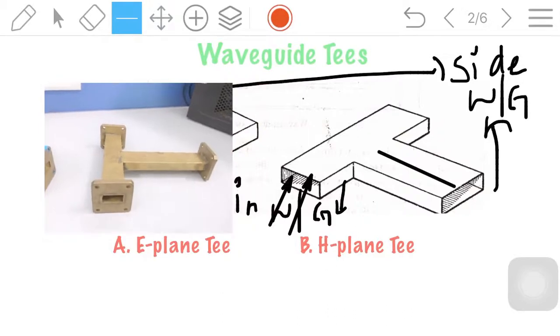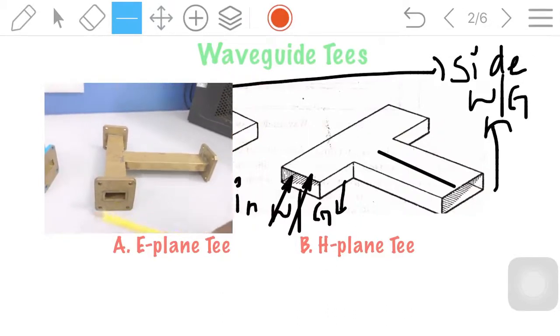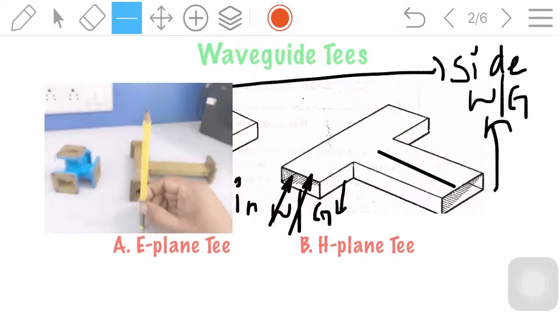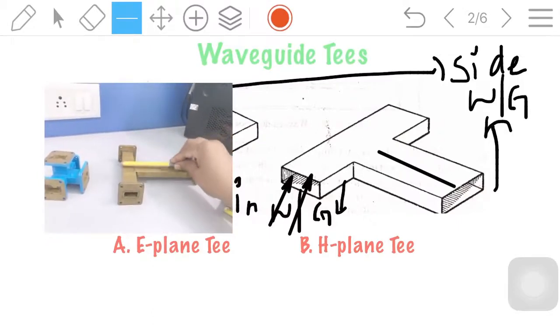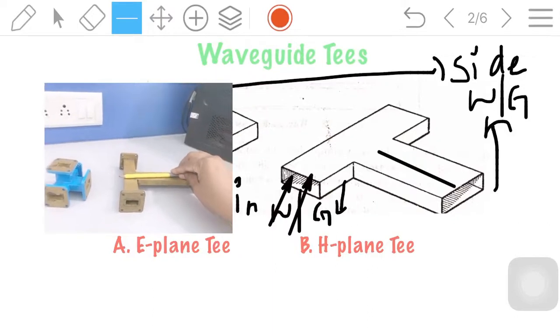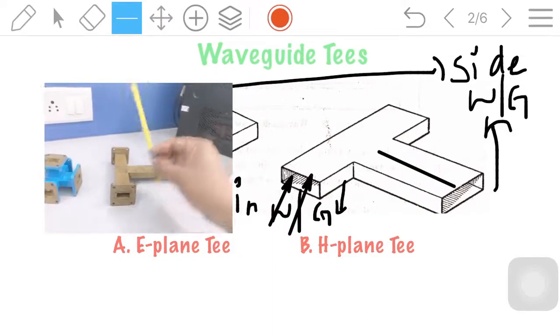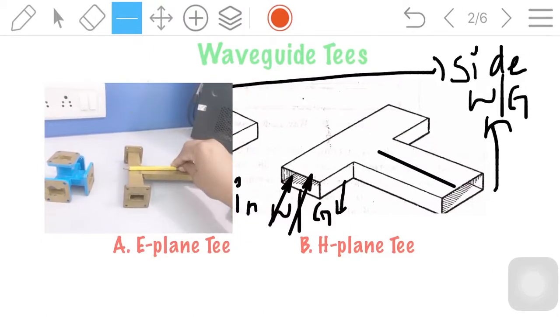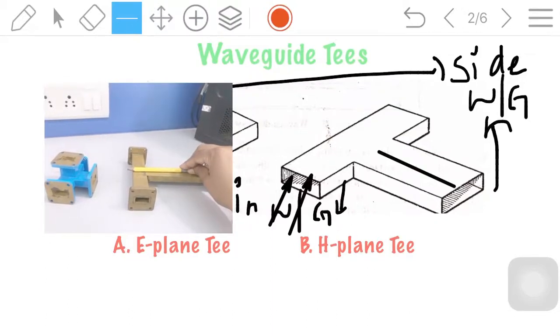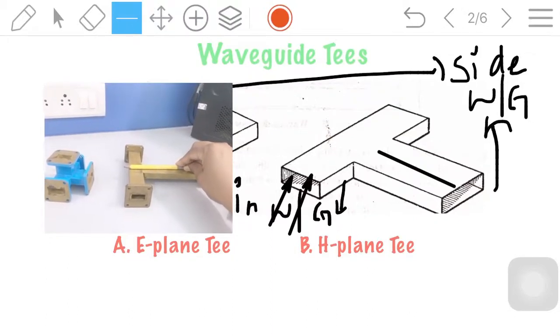The direction of the electric field here is in the upward direction. The axis of the branch waveguide is like this. That is, both are perpendicular to each other. That's the reason it is called a shunt T or H-plane T.